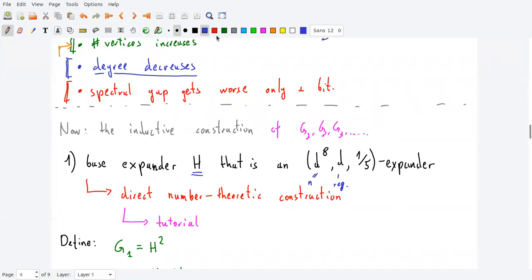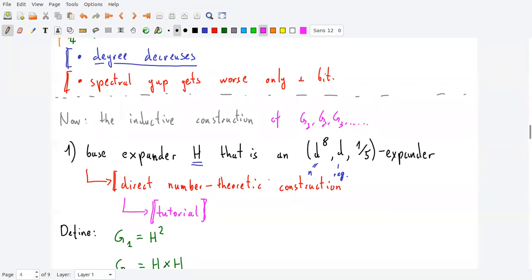For this we will make a direct number theoretic construction of such an expander. It's actually pretty cute, and we will do it during the tutorials. So for now, suppose that we have such an expander in our hand for some constant d. Actually, in the whole construction, this d will be equal to, say, 1000. And you will be able to hard code this expander in the construction.